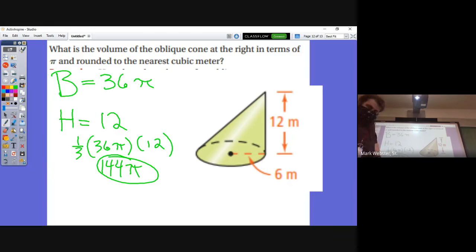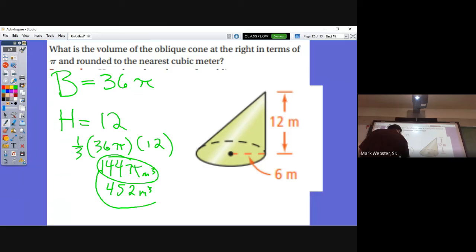Then all we do is take 144 times pi in the calculator, and we get 452. These are all meters cubed. 452 meters cubed. So here's our two answers, because they asked for in terms of pi and rounded to the nearest cubic meter.